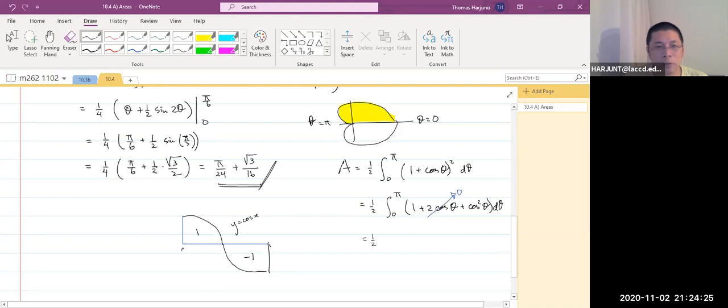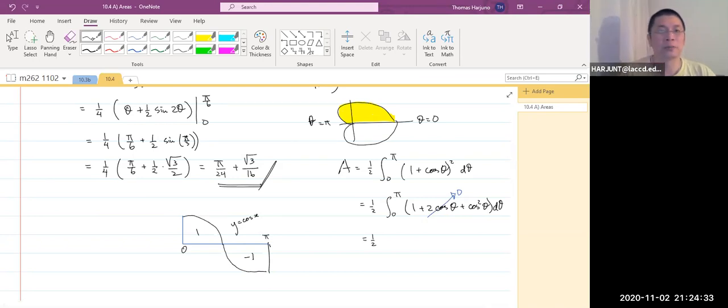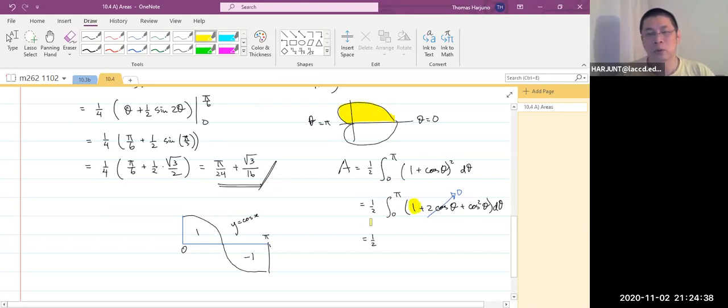So if you go from 0 to pi, the area will be 0. Right? And the integral of a constant will be basically the constant 1 multiplied by the length of the interval.